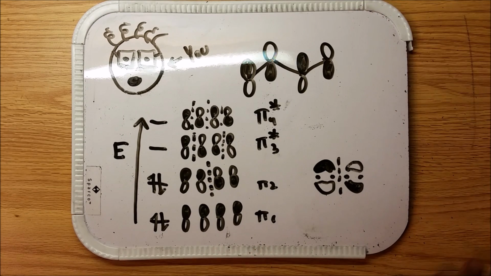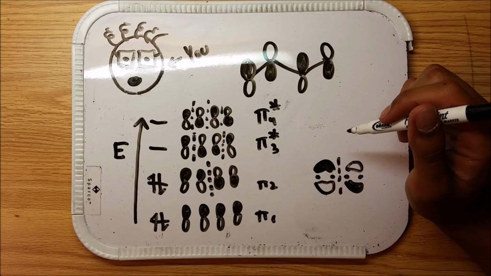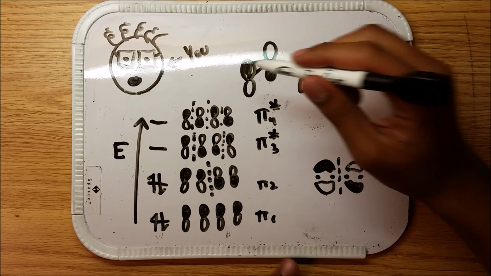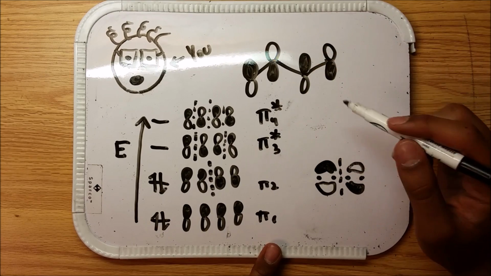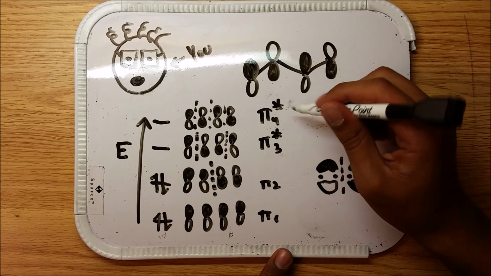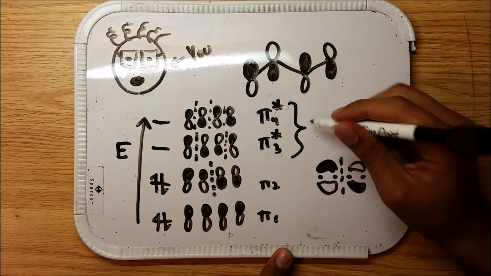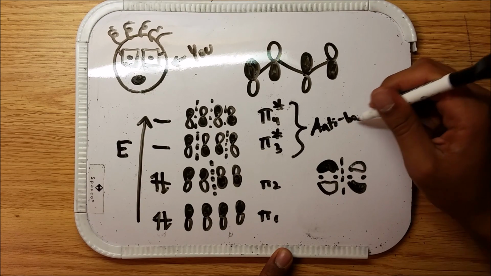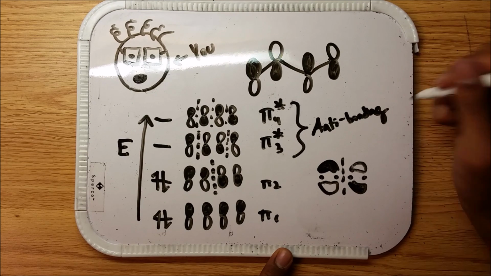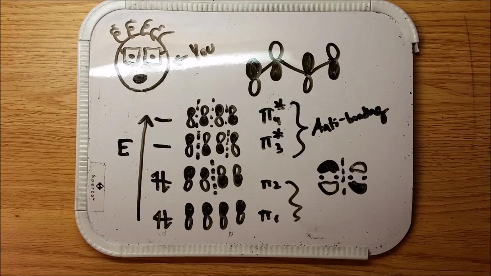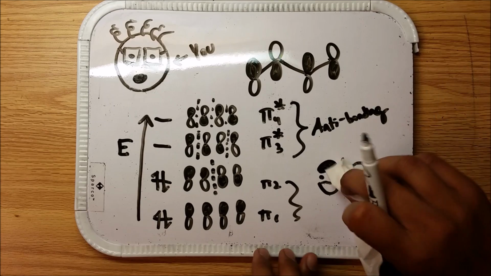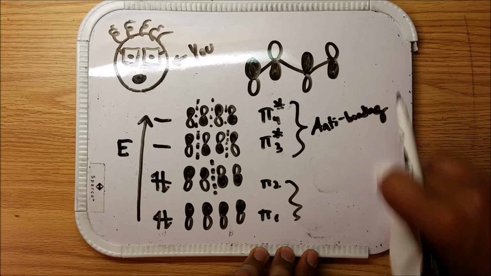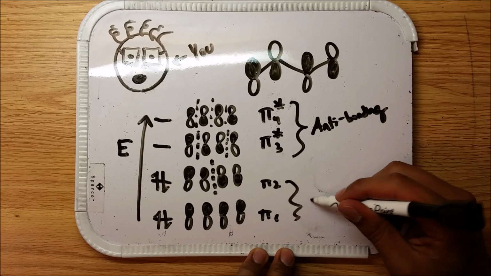As you can imagine, it's an extremely inefficient arrangement based on energy. And that's why these unstable arrangements are the antibonding orbitals. If electrons were to be in these orbitals, the molecule would be quite unstable.